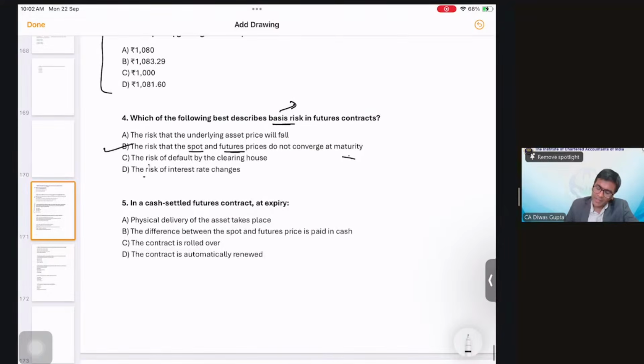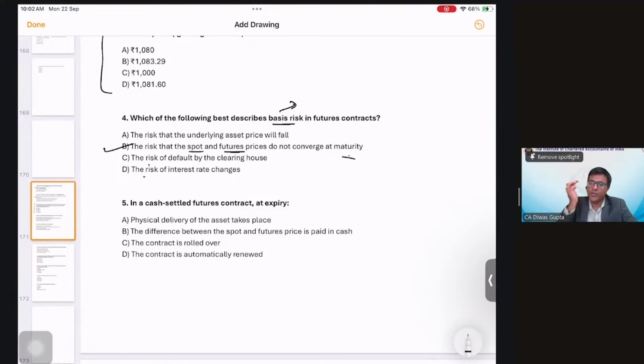In a cash settled futures contract at expiry, what needs to be there? Physical delivery of the asset takes place. The difference between the spot and future prices paid in cash. The contract is rolled over. The contract is automatically renewed. Come on, students. What is the right answer?